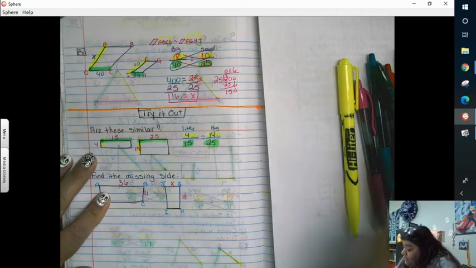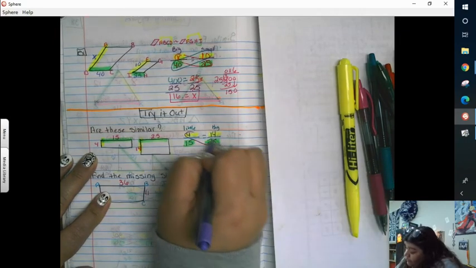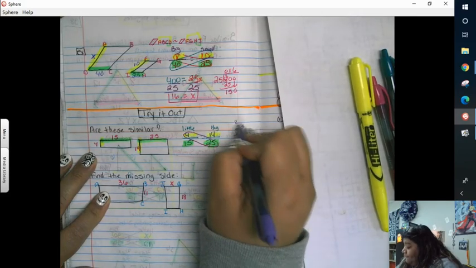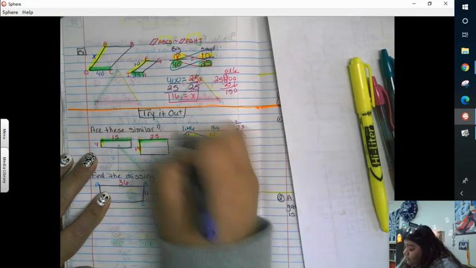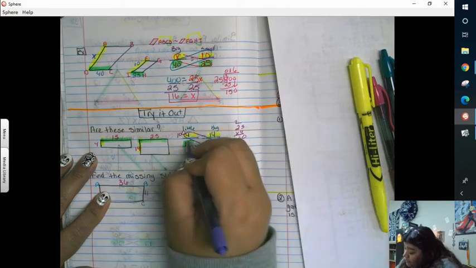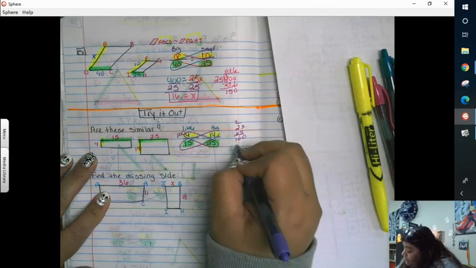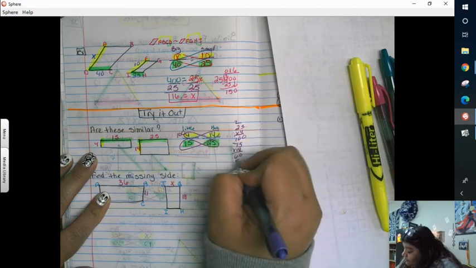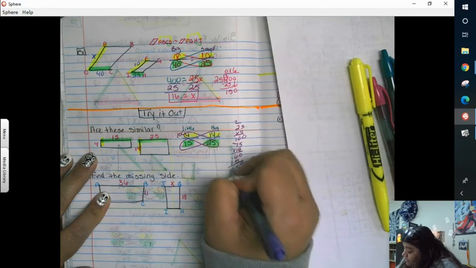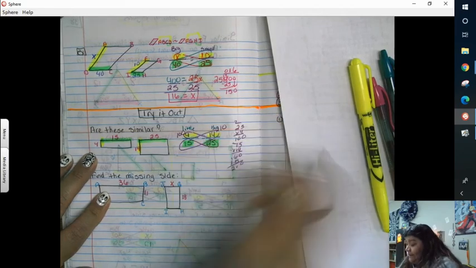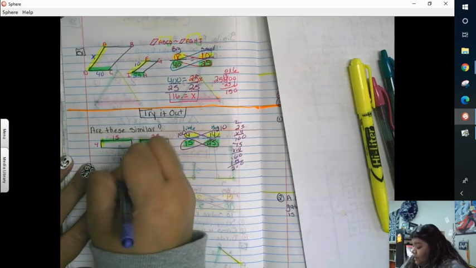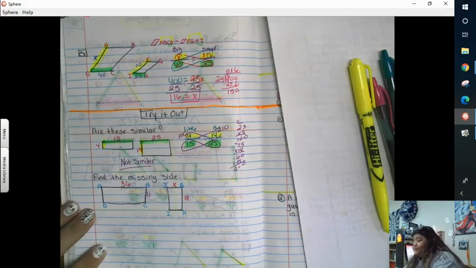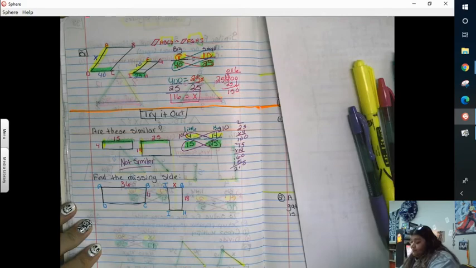Now, let's see how you did on your multiplying. 25 times 4. 100. And I'm going to go the other way. 15 times 14. Let's see. 210. They are not equal, so they are not similar. Okay? How'd you do on that one?